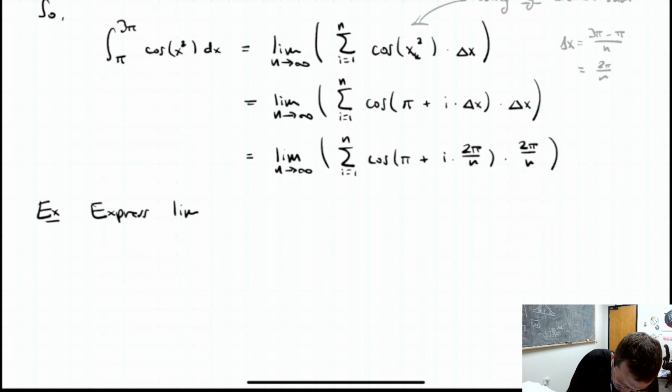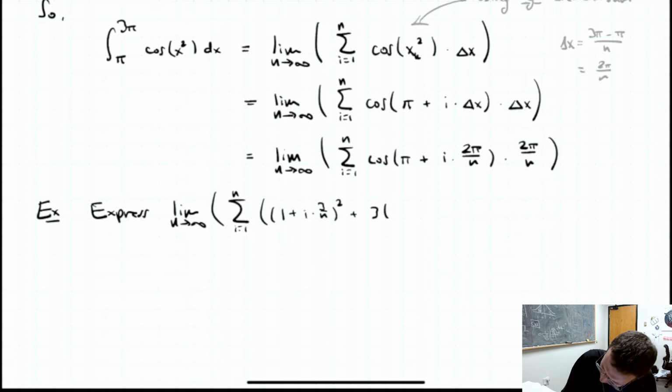The limit as n goes to infinity of the sum from I equals 1 to n of 1 plus I times 3 over n, squared, plus 3 times 1 plus I times 3 over n, plus 2, all of that times 3 over n.